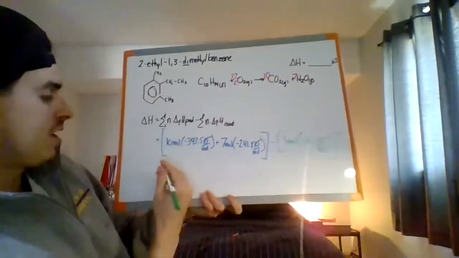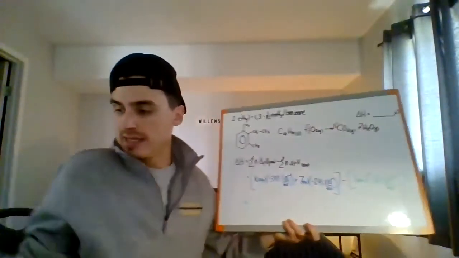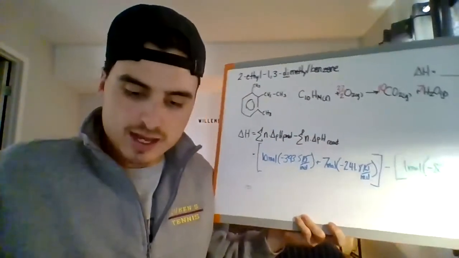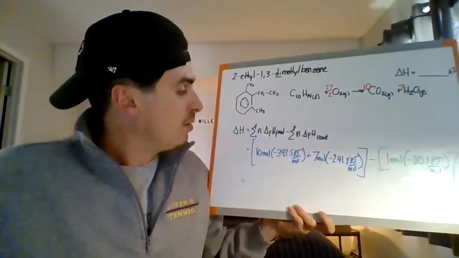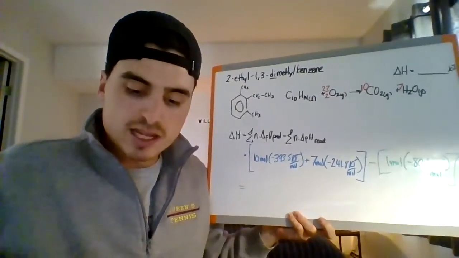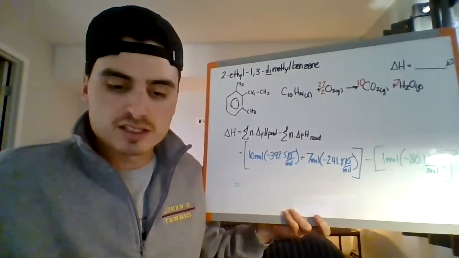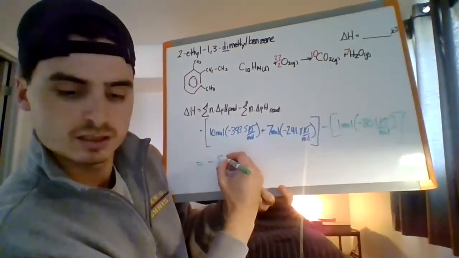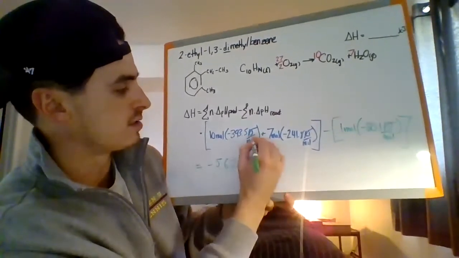Okay? So all I'm going to do is solve this equation with my calculator. So I'm going to do 10 times that. So 10 times negative 393.5 plus 7 times negative 241.8 is negative 5,627.6 kilojoules because the moles cancel out.